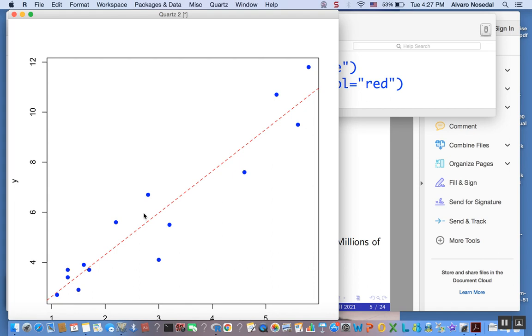So if that assumption doesn't hold, it will have an effect on our inferences about the parameters of our model, beta 0 and beta 1. In some cases, if the constant variance assumption doesn't hold, sometimes one way of fixing that would be transforming our data. Another option is one called weighted least squares.